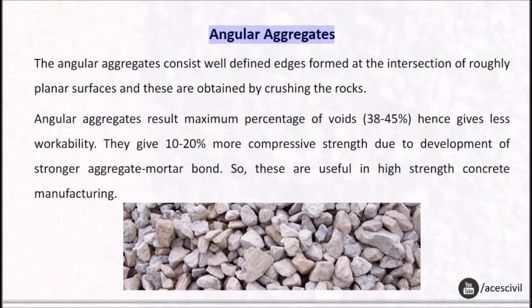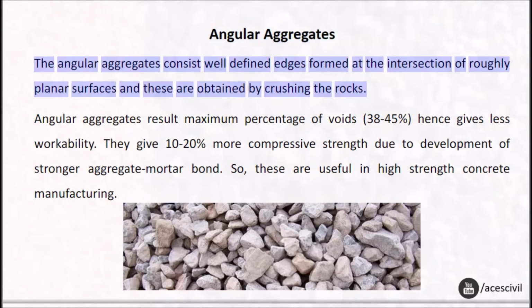Angular aggregates. The angular aggregates consist of well-defined edges formed at the intersection of roughly planar surfaces, and these are obtained by crushing the rocks.